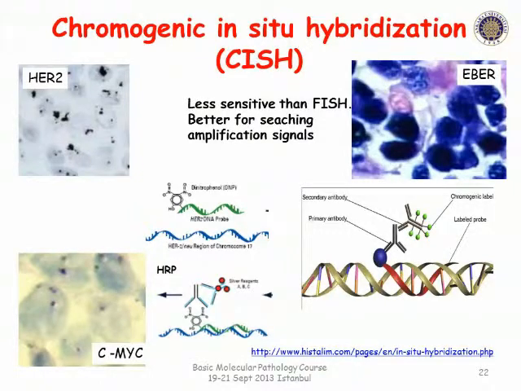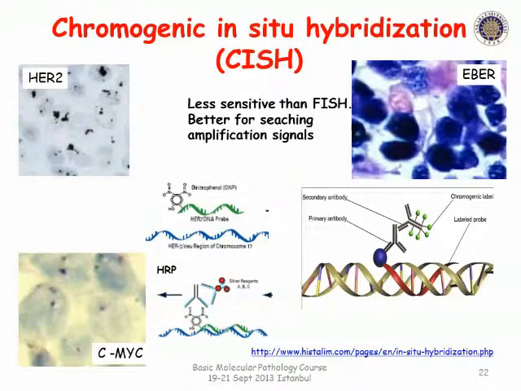But chromogenic in situ hybridization, if you optimize it for different purposes, could be easier for the pathologist. It doesn't need any other instrument. Your light microscope can be enough for detection and evaluation.